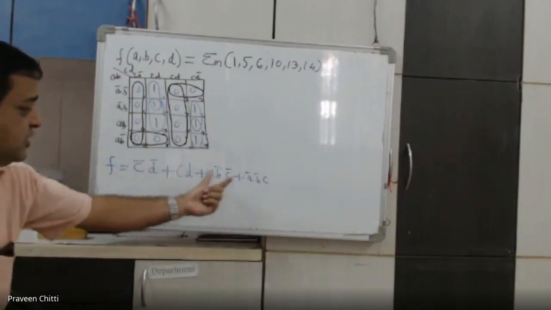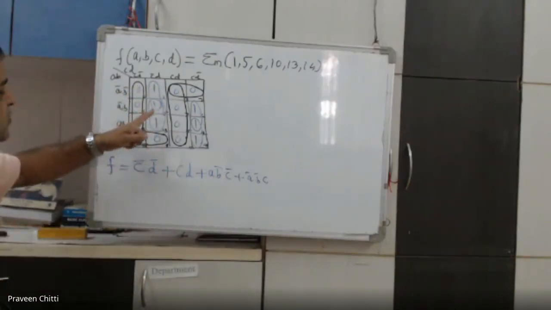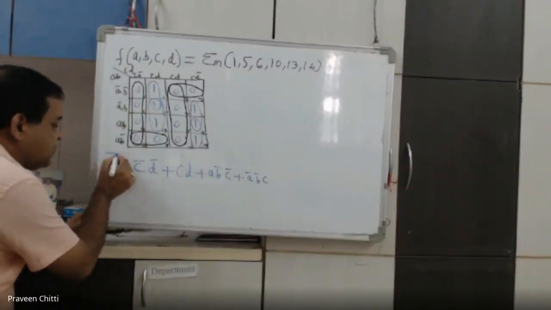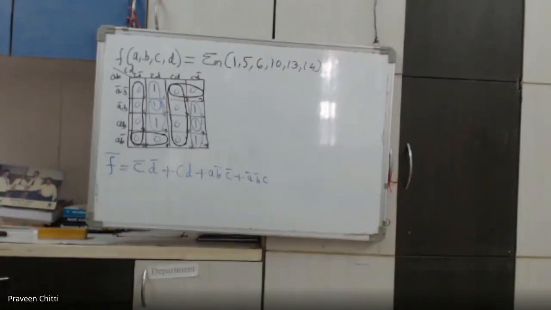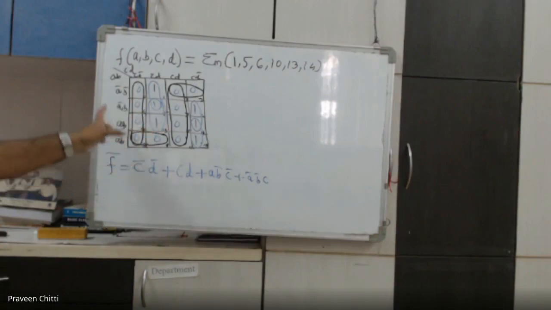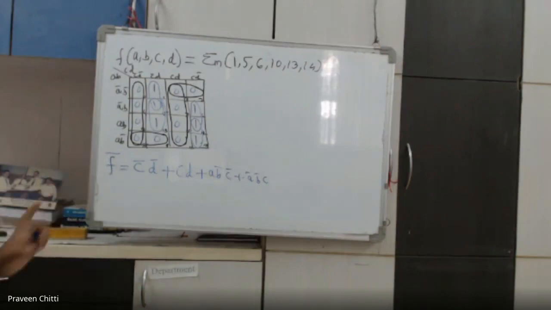But since here instead of grouping ones you have grouped zeros, this should be written as F bar instead of F. That is the important change. So if you club ones and write the SOP equation, you will get F. And in the same KMAP, if you club zeros and write the SOP equation, what you are going to get is F bar. I hope it is clear.